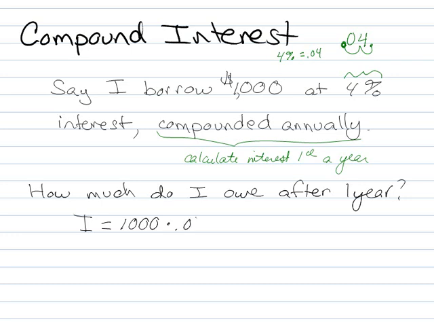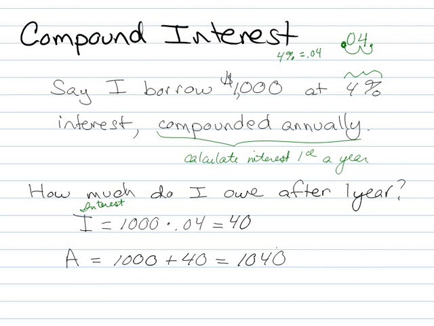So my interest is $40. The amount that I owe is equal to the original amount I borrowed plus $40, so after a year I owe $1,040.